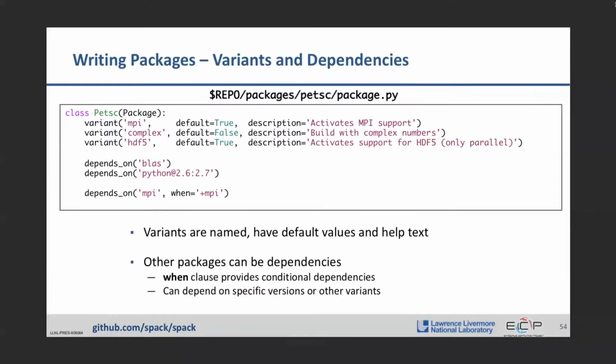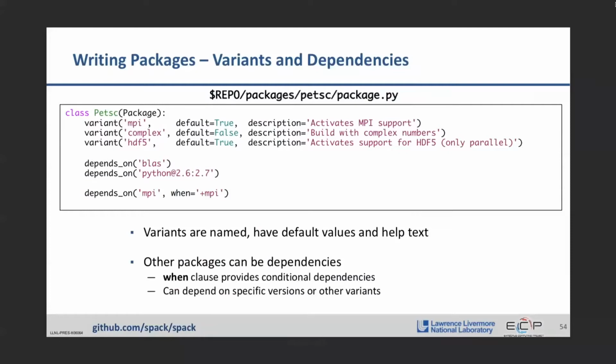I depend on Python at 2.6:2.7. So remember, this slicing is inclusive on the top end. So either of those versions works. And then you can also have conditional dependencies. I depend on MPI when I'm built with MPI. And we're using anonymous specs here for the when clauses.